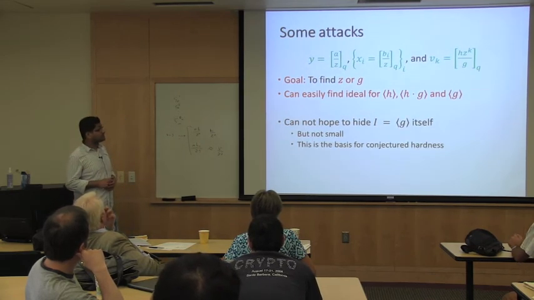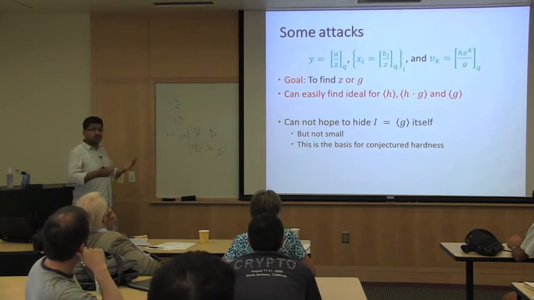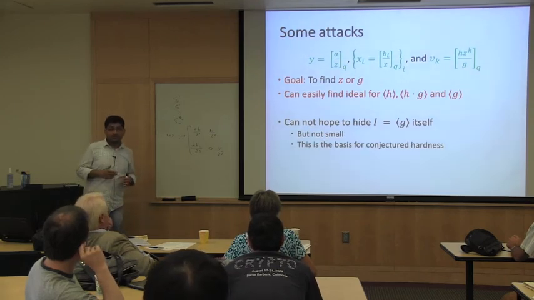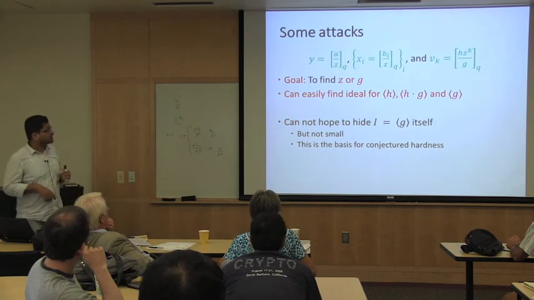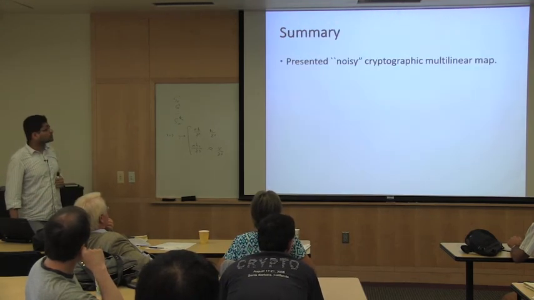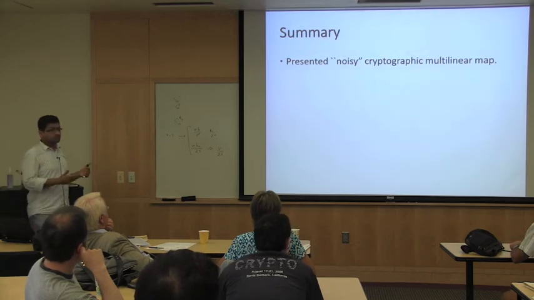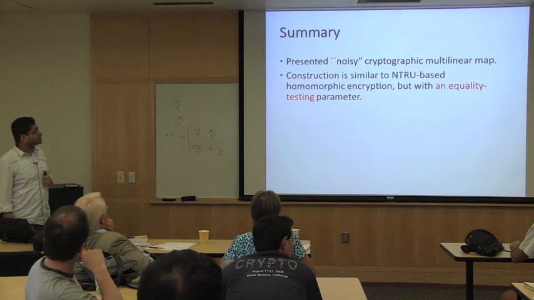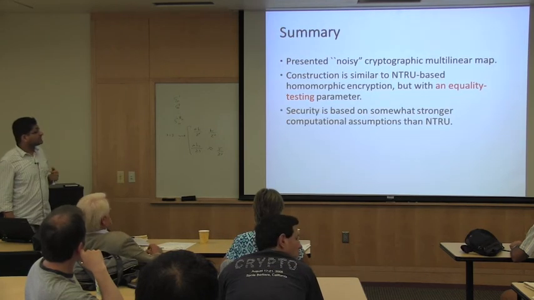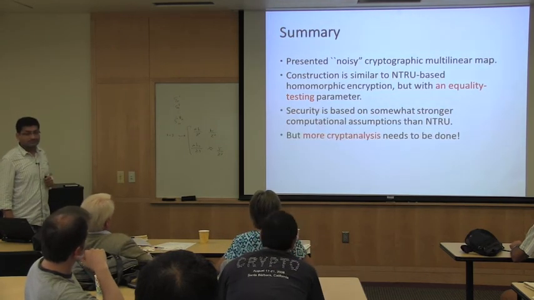But what you're going to get is not going to be something that's small, and this is going to be the basis for the hardness. Yeah, that's all I wanted to say. And to present this noisy cryptographic multilinear maps, the construction is similar to the NTRU based homomorphic encryption, but with equality test parameter, and more cryptanalysis needs to be done.